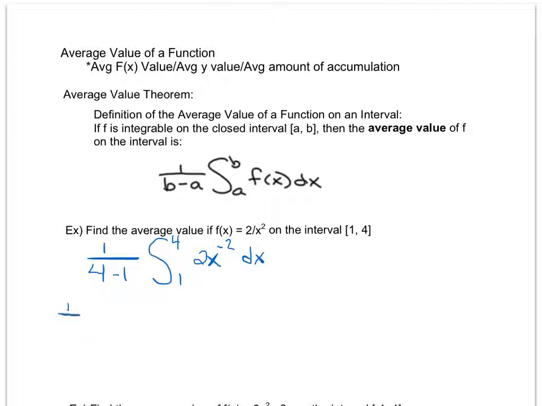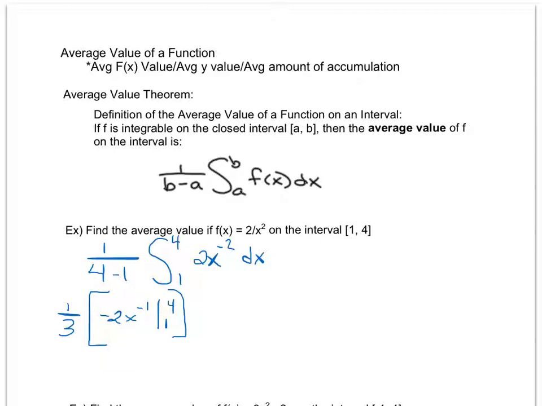And I'm going to end up with 1/3 times 2 times x to the negative 2 is going to become 2 over negative 2 plus 1, so 2 over negative 1, so negative 2 x to the negative 1, and I'm going to integrate from 1 to 4.